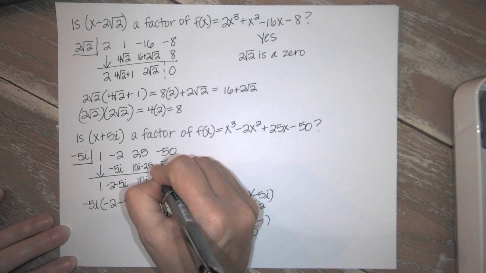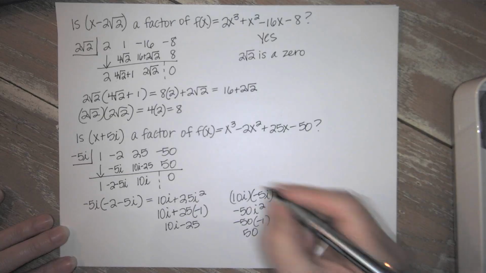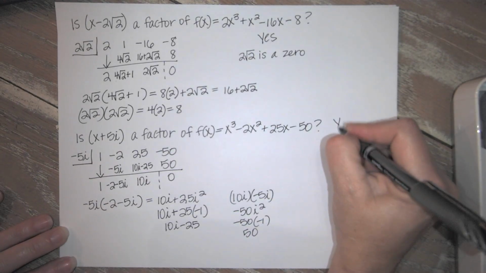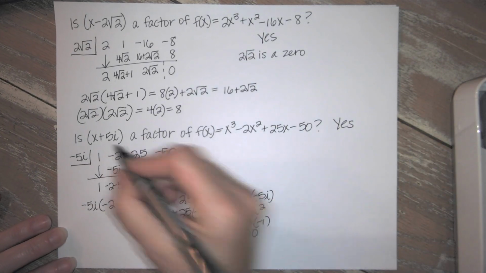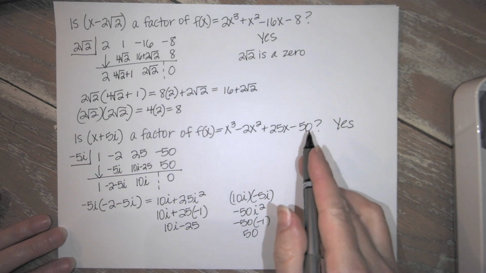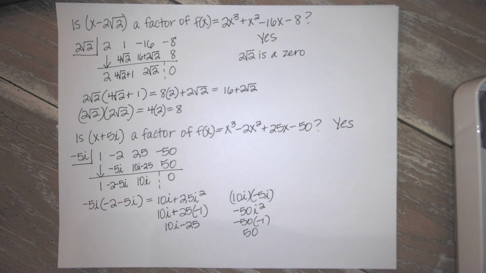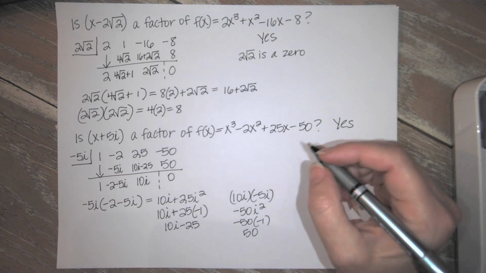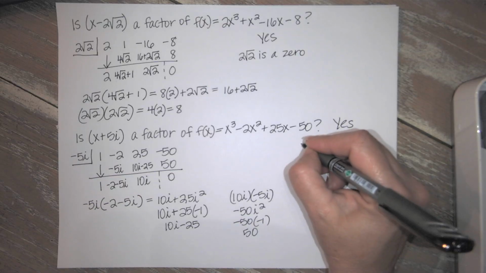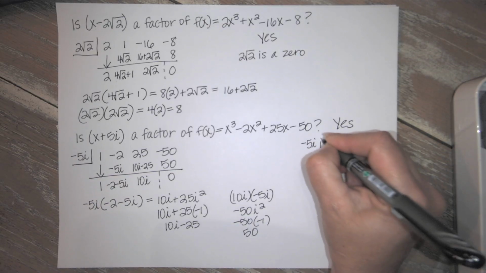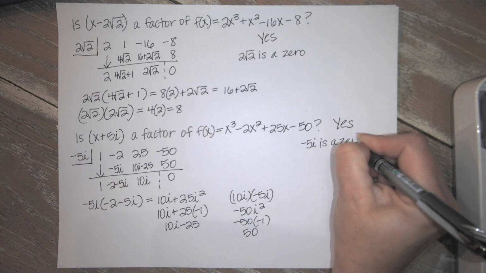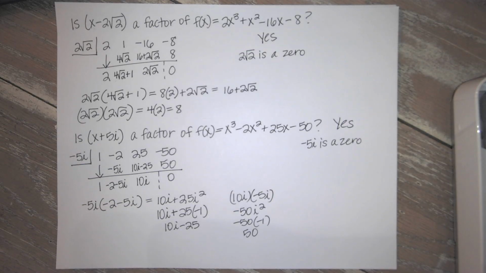And it does give us a remainder of 0. So the answer here is also yes. X plus 5i is a factor of this polynomial function, and that also tells us that negative 5i is a 0 or a solution.